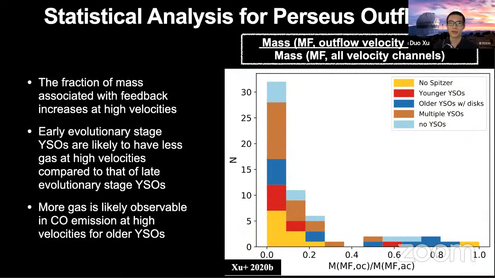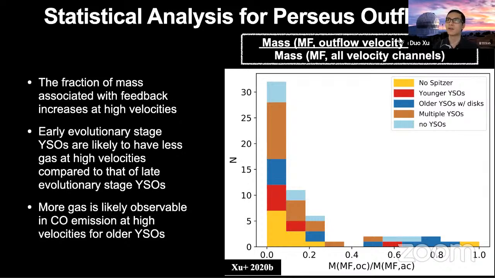Here, we show a statistical analysis for Perseus outflows. This quantity is defined as the mass predicted by our model, so it's the true mass excluding the contamination, at the outflow velocity channels over all velocity channels.